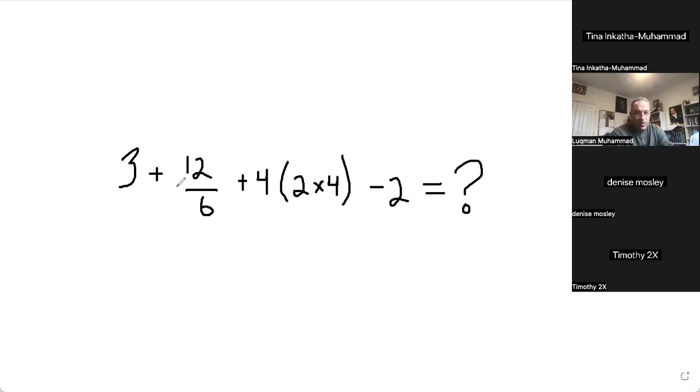Oh, you want an exponent? Let me put an exponent in here. Yeah, that's like a nice little curveball for you. Okay. So where would we begin to solve this collection of mess?